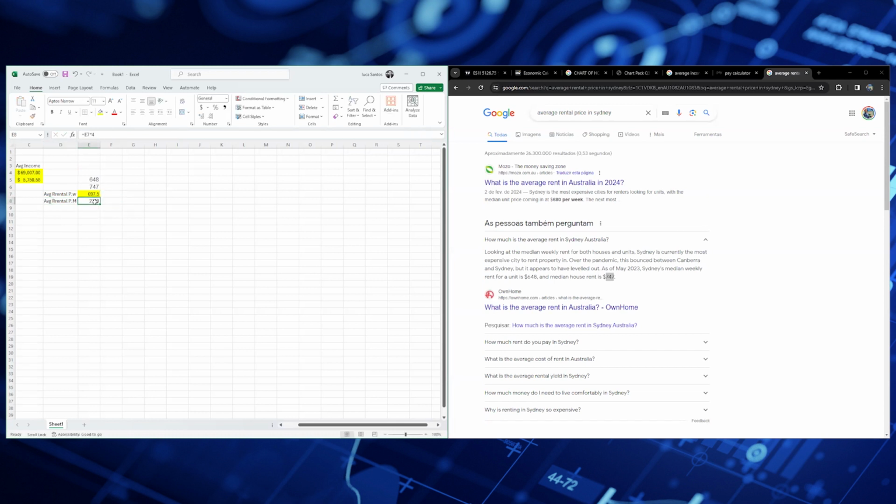Now, just to live, just the basic life, just to have a property, so you don't get rain on your head, this is how much it's going to cost you, $2,780. I'm not saying random numbers. I'm saying actual numbers from websites.